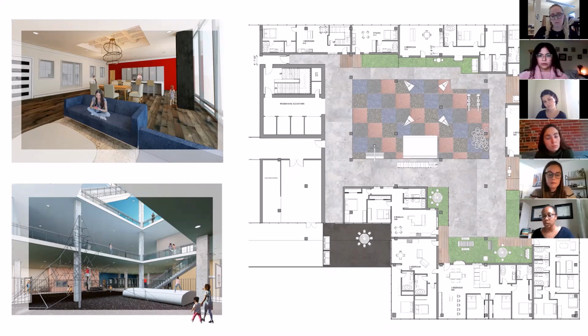I also have units that connect to each other. So it'll be a 4-bedroom connected to a 1-bedroom. That's so you have the multi-generational aspect, where a family could live in one and maybe a grandparent could live in another, and you're still connected, but you still have your own privacy. Some units are available for rent and some are for sale.